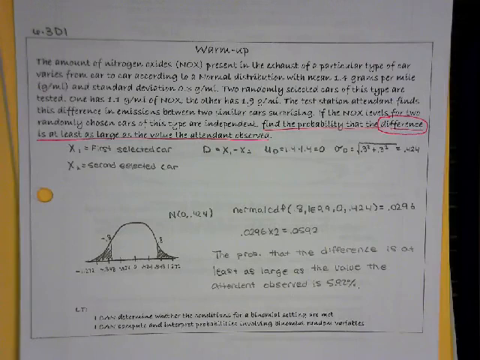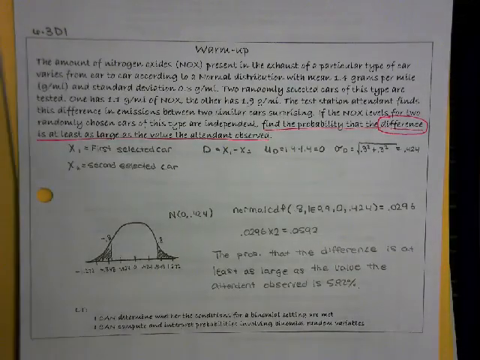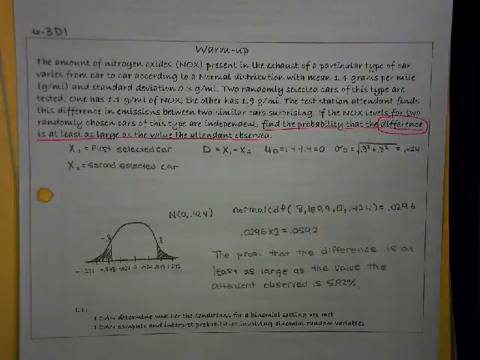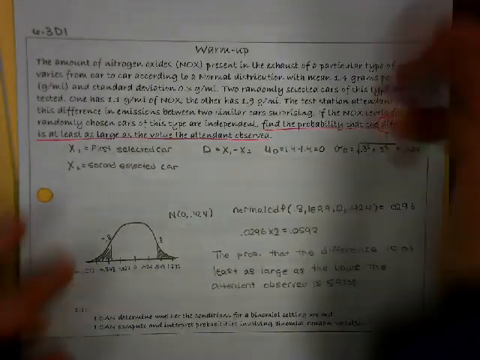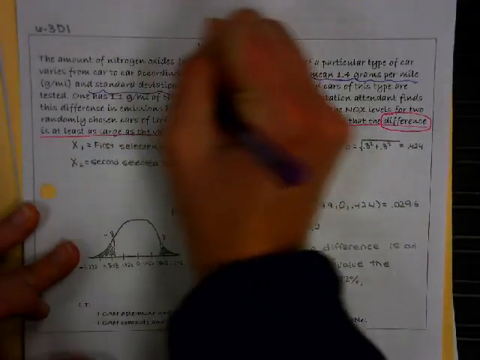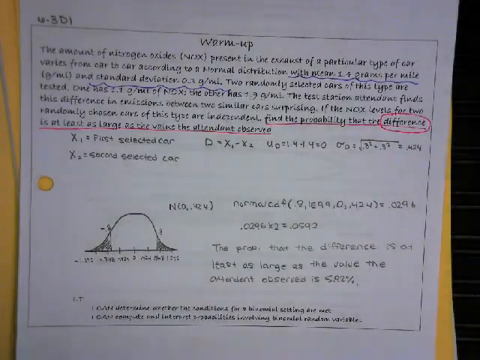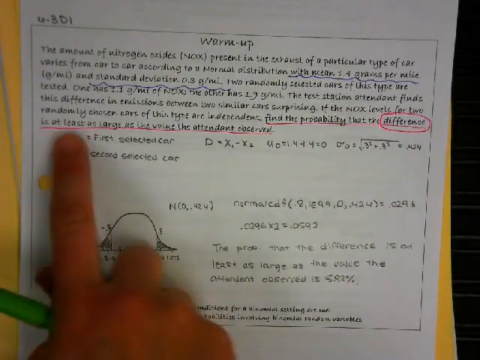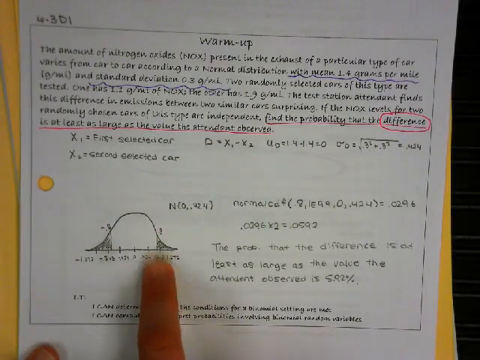If you go back and reread it, it tells us that a particular type of car has a normal distribution with a mean of 1.4 and a standard deviation of 0.3. The other part, the 1.1 and the 1.9, tells you what to use for your x values on your curve.